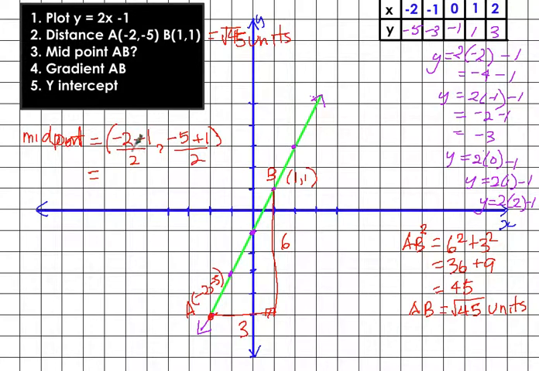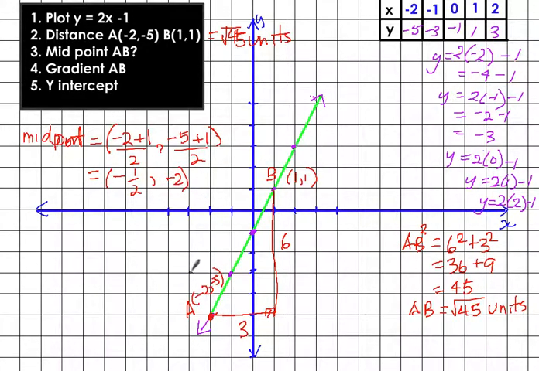So negative 2 plus 1 is negative 1, over 2 is negative 1.5, or negative 1/2. And the y is negative 5 plus 1, which is negative 4, and negative 4 over 2 is negative 2.